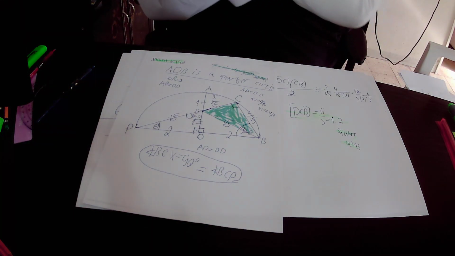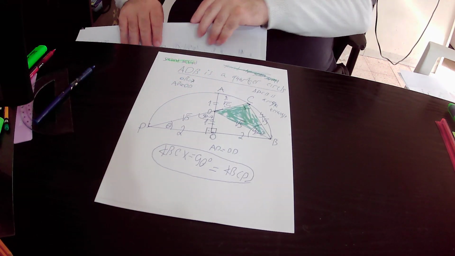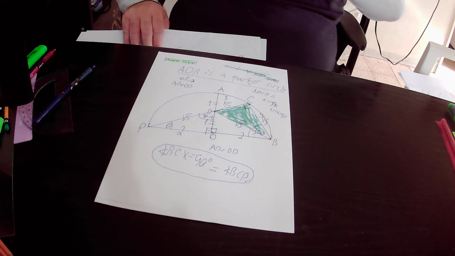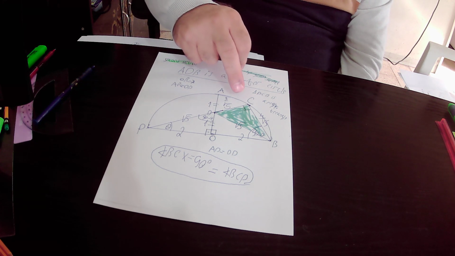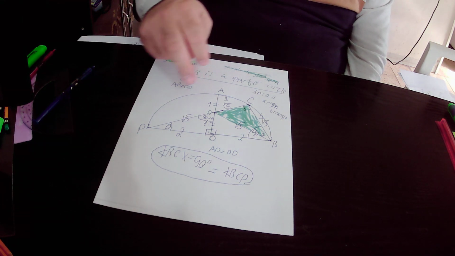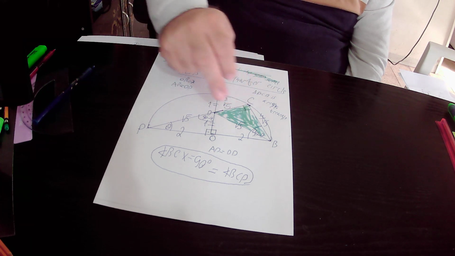We finished with the first method, and I present to you the second method. So in the first method we found out that this angle equals 90 degrees, AD equals 1, OD equals 1, and here we completed the quarter circle to a semicircle, and the angle PCB equals 90 degrees, therefore it must rest on the diameter that is PB.